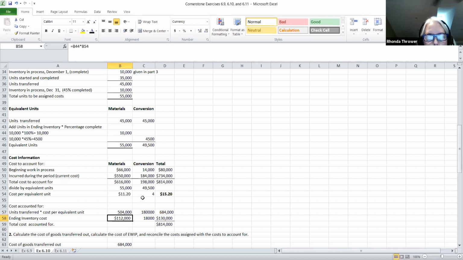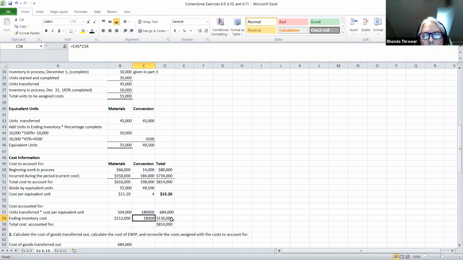For your conversion, your 4,500 units times the $4 conversion cost per unit will give you 18,000. So ending inventory is 112,000 plus 18,000.